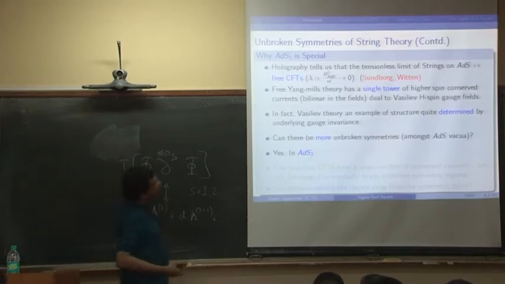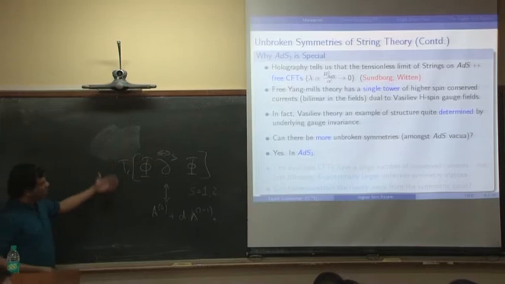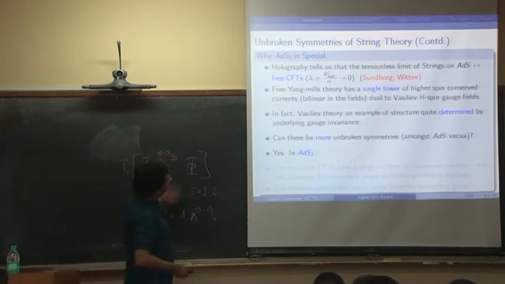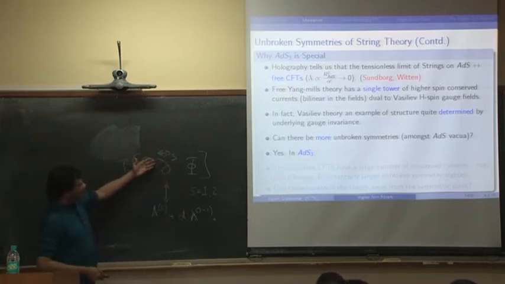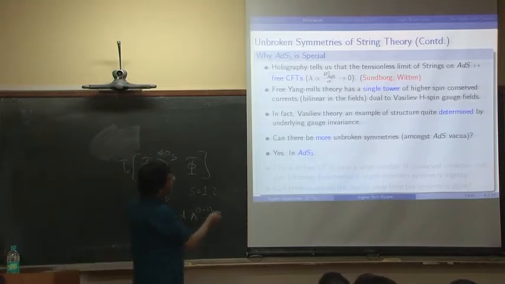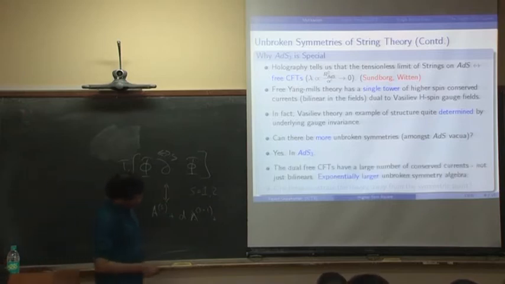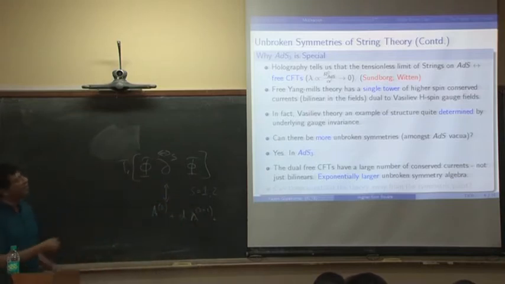So the free CFTs we understand, and in fact you can sit and enumerate what the conserved currents are which are dual to the gauge fields. Basically in generic AdS vacua, these are the only conserved currents. But in AdS3, there's an exception to the situation, and that's one of the things I want to take away.